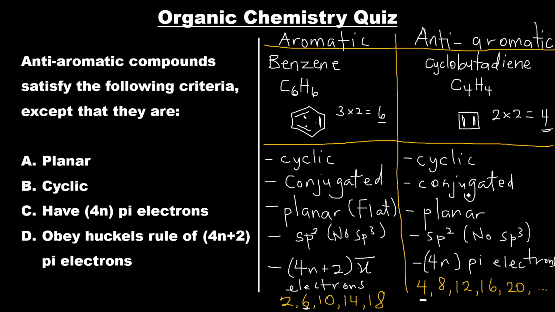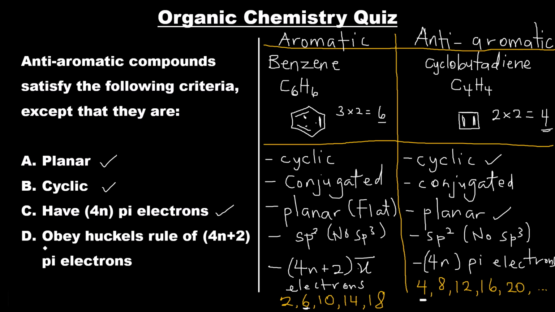So now what can we say after understanding all the rules involving aromatic and anti-aromatic compounds? Let's come back to our question. So let's check. Anti-aromatic compounds satisfy the following criteria, except that they are not planar. We have it here, we've checked it. Cyclic, it follows it. Have 4n pi electrons, it follows it.